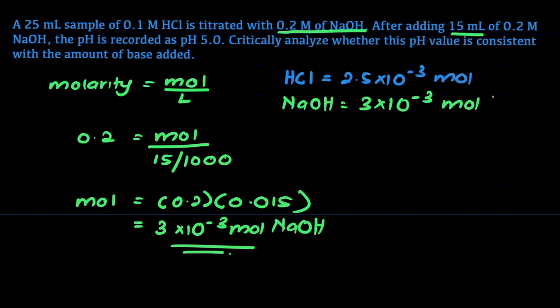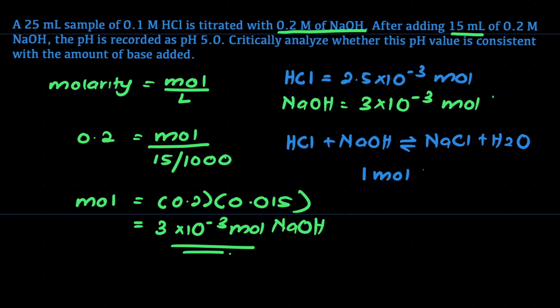From the equation, we know that HCl plus NaOH should produce NaCl plus H2O. Therefore, what we are saying here is that 1 mole of HCl needs 1 mole of NaOH, right?